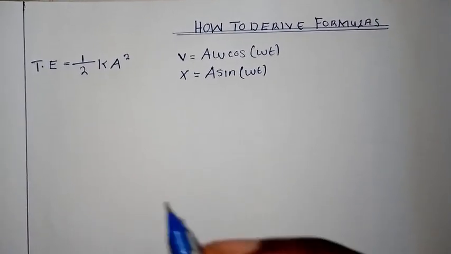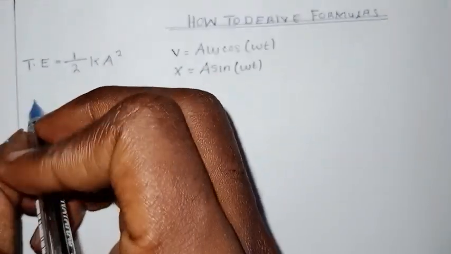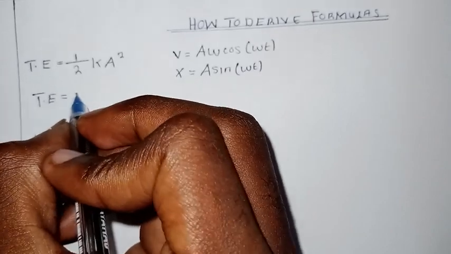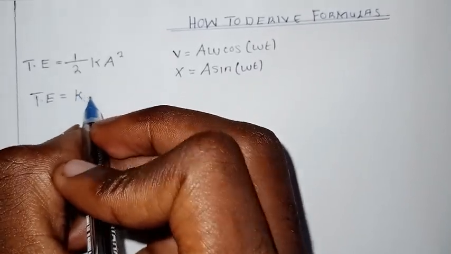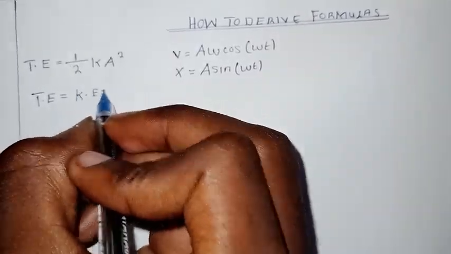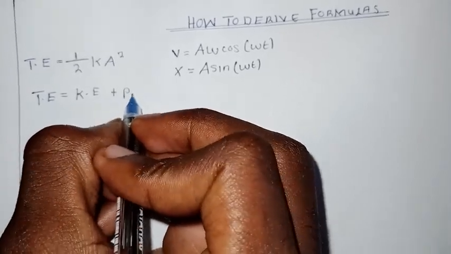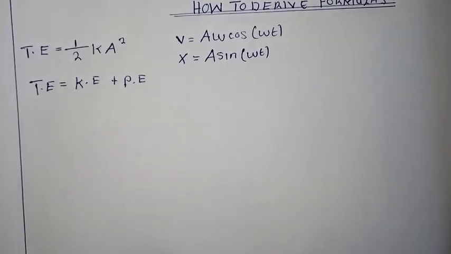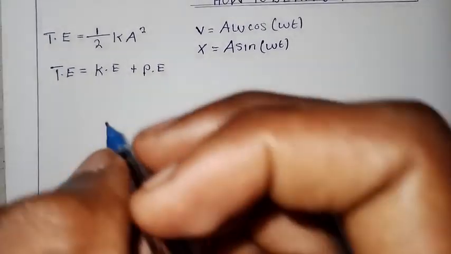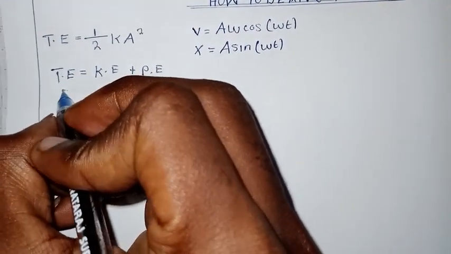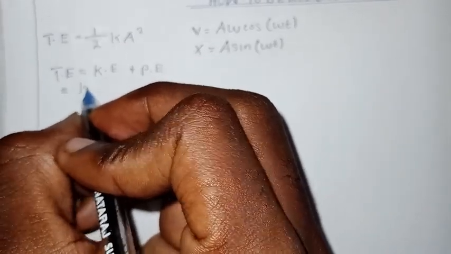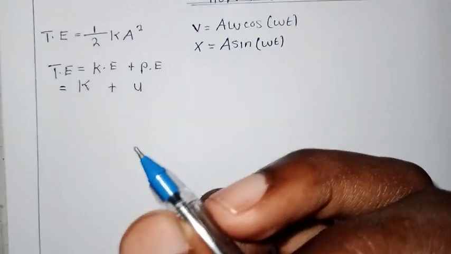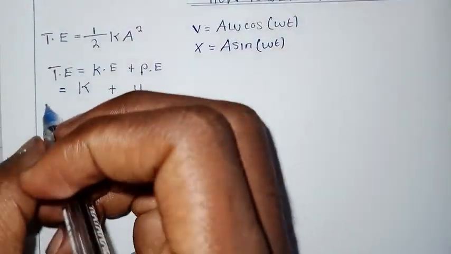Okay? Now, remember that total energy is simply a combination of the kinetic energy plus the potential energy. So this can also be written as K plus U, where K is simply the kinetic energy and U the potential.